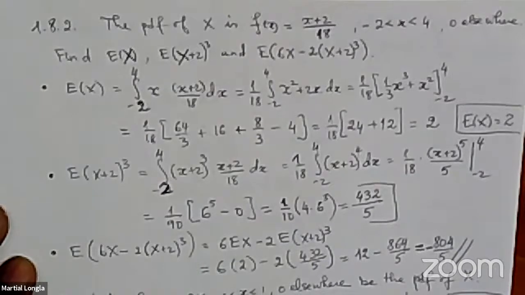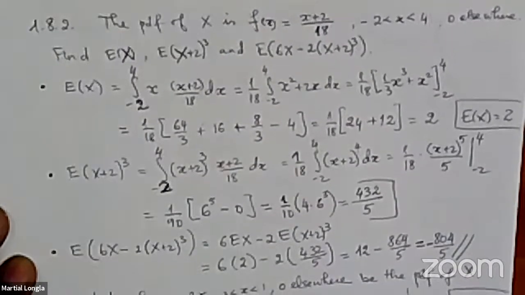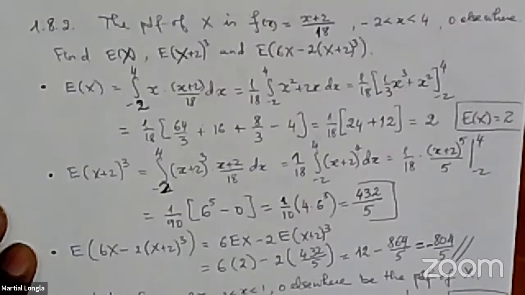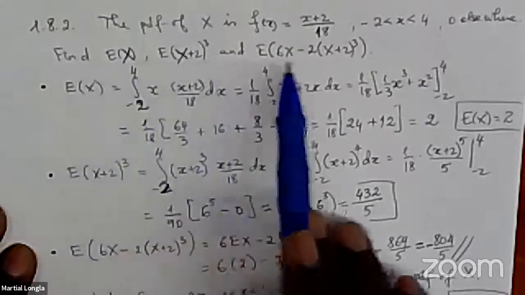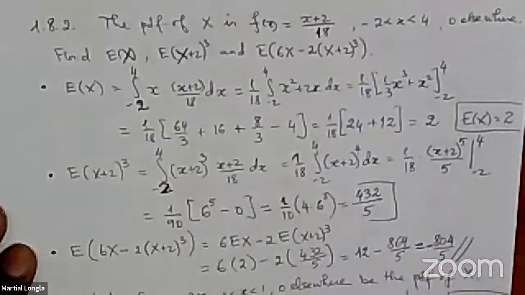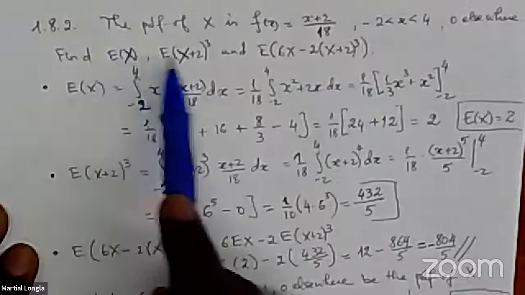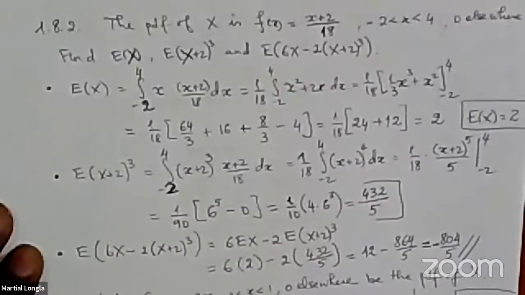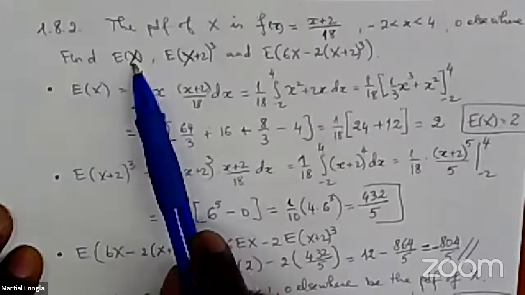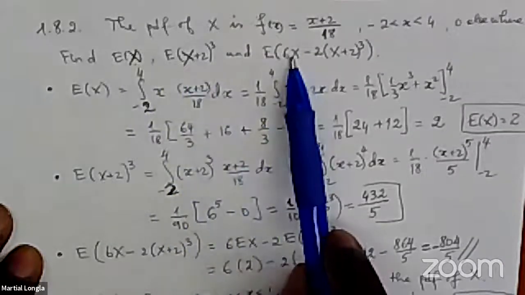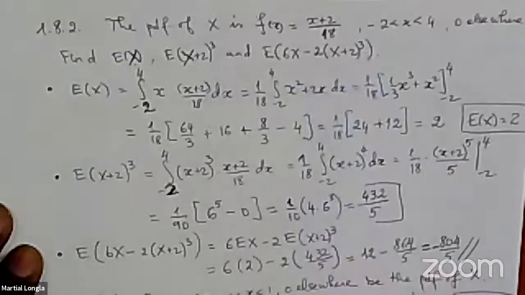The point of this exercise was to remember the formula of the expected value of a linear combination, not to compute something here and there and then write another integral to find the third one, because the third is a linear combination of the first two. So we compute the first one, we compute the second one, and we use linearity to find the third one.